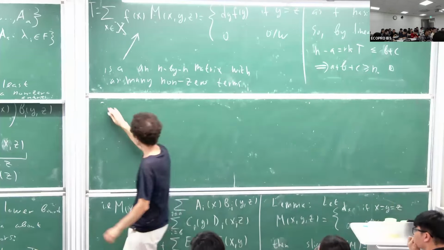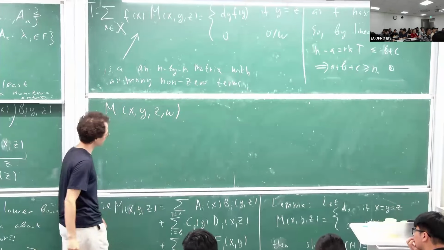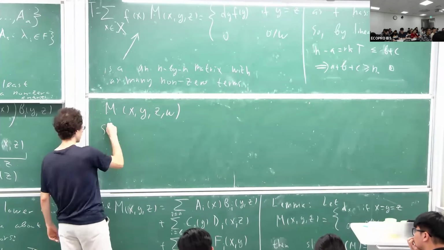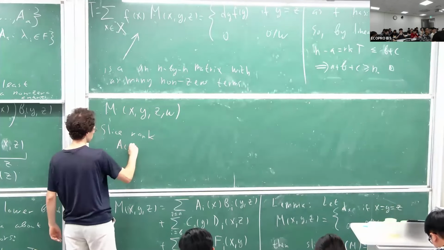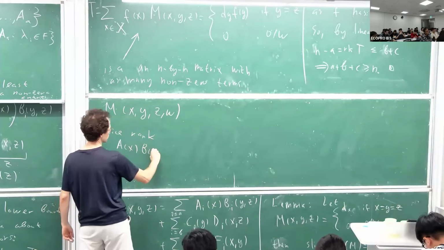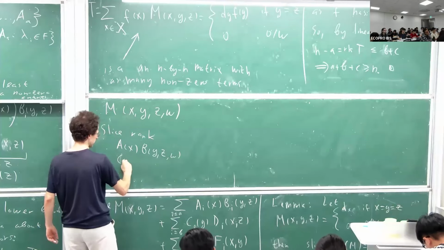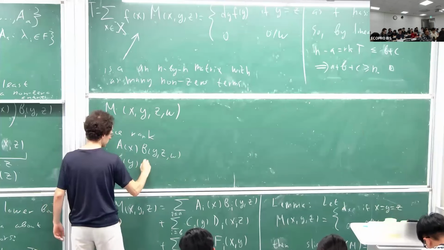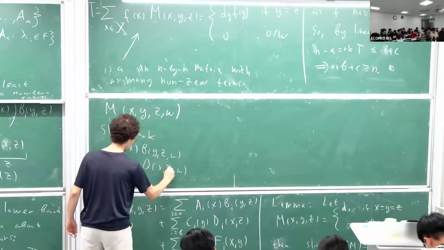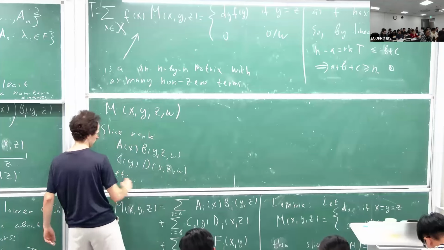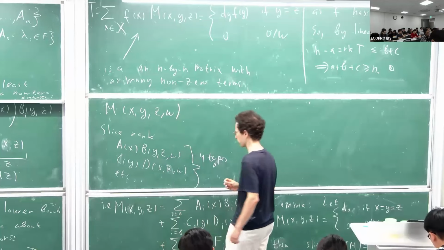So for 4, we are looking at functions in 4 variables, and for slice rank, the relevant rank 1 tensors are those where you factor out one of the coordinates, such as x, y, z, w, etc. So there are a total of 4 types of rank 1 tensors.